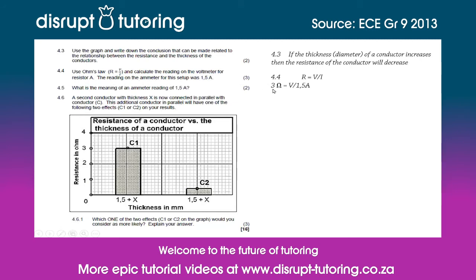3 came from the first graph, where we said that when the conductor was 0.5 millimeters, the resistance was 3 ohms. So that's where the 3 came from.